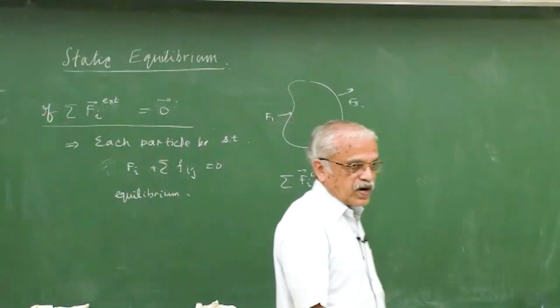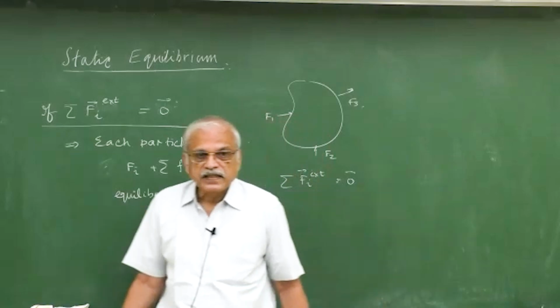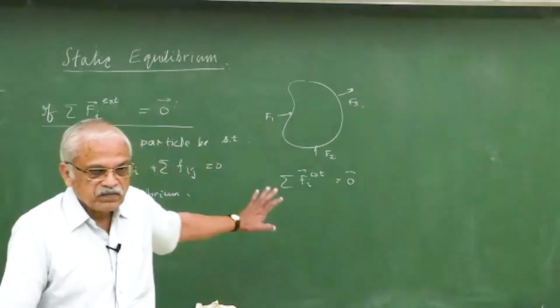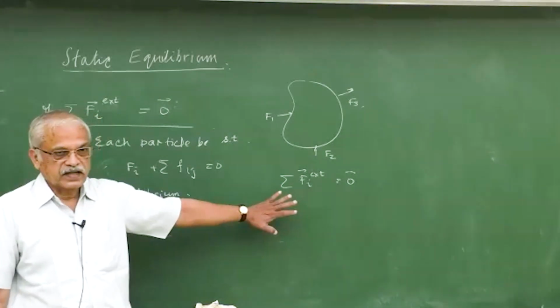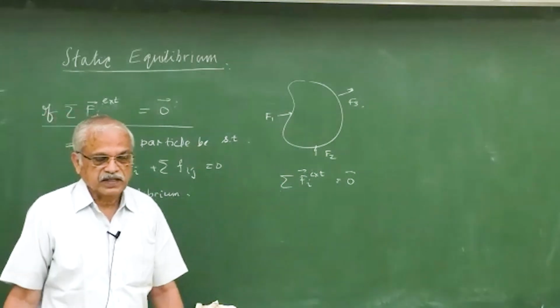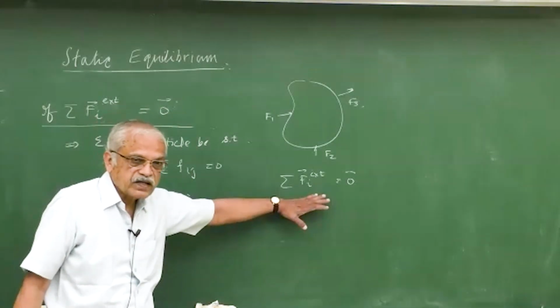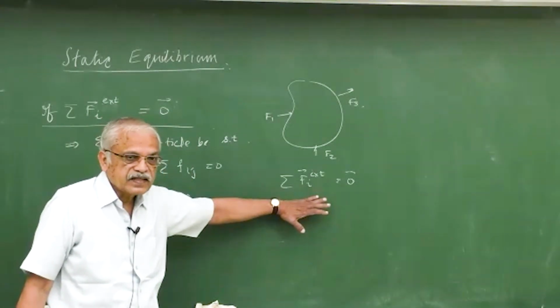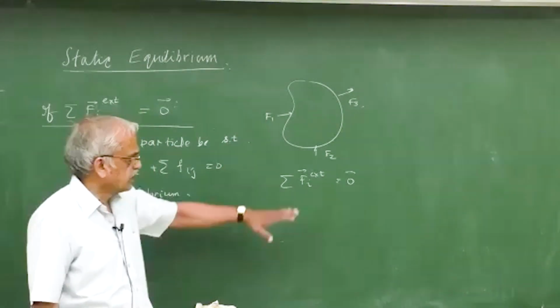So what are the other equations? What is the problem with this one? Why is this not enough? Is this good enough for the body to be in a state of rest? We forget about uniform velocity.